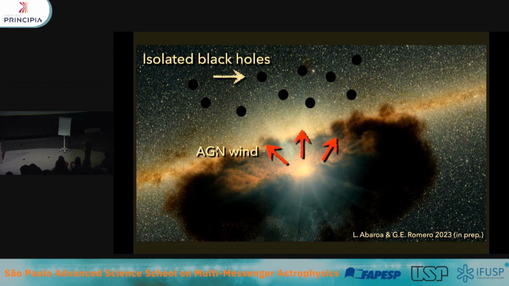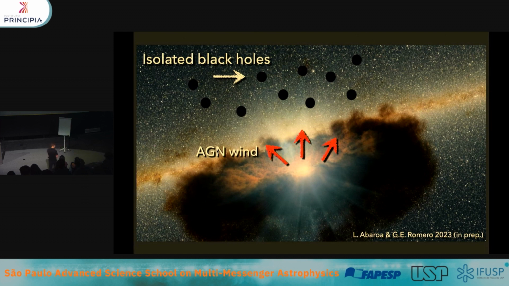The idea is that we have a supercritical supermassive black hole in the center of a galaxy. And as it is supercritical, the disk is going to eject very powerful winds. So these winds are going to interact with a cluster of stellar mass isolated black holes that should be in the center of galaxies.